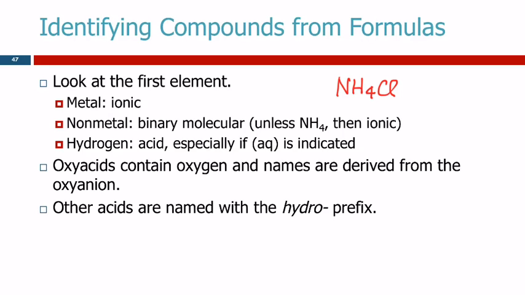And then there were two kinds of acids, and so students sometimes get confused about which system: Rick ate him before he could bite us, or the hydro prefix thing. So the oxy acids have oxygen in the formulas, and those names are derived from the oxyanion. The nitrate, phosphate, that's the Rick ate him before he could bite us. If it doesn't have oxygen in it, you're going to use the hydro prefix.